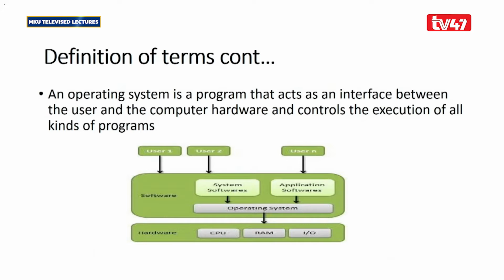That interface, that platform that provides a user with a way of communicating with the hardware, that is the CPU, the central processing unit of the computer, RAM, the input and output devices, peripheral devices, and so on, is what we are calling the operating system.